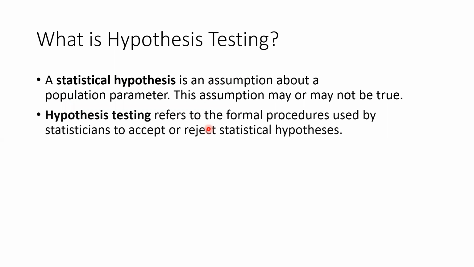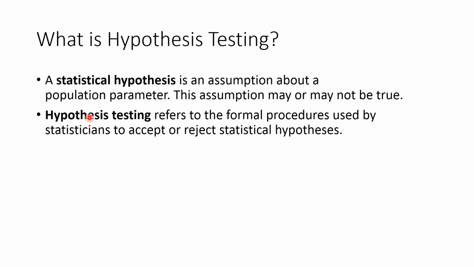All right, and hypothesis testing refers to the formal procedures used by statisticians to accept or reject a statistical hypothesis. Whatever analysis I have done, whatever population parameter we have calculated, that may be true, that may be false, because I'm not 100% sure about it.